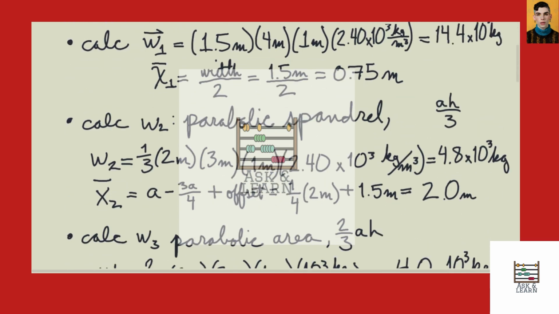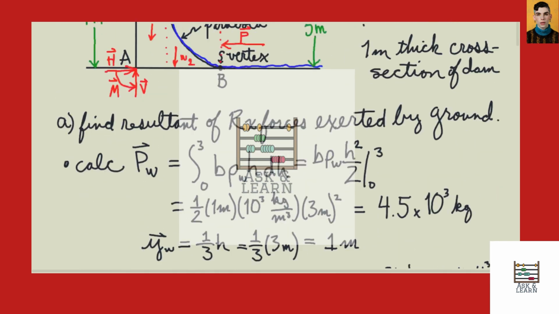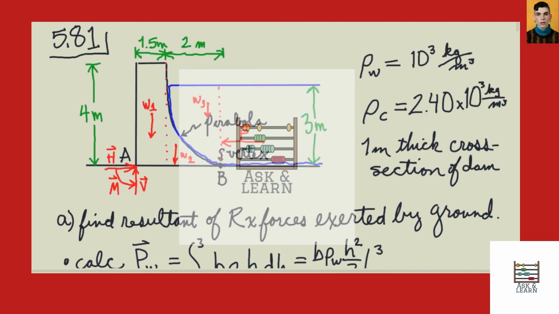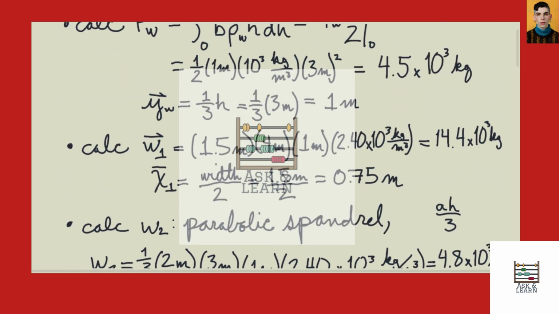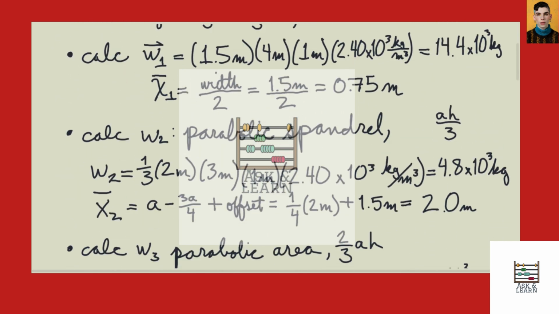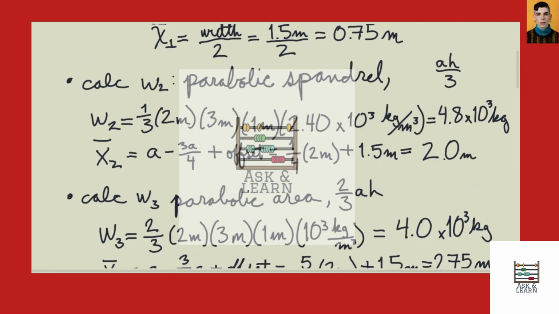So we have a 1/3 coefficient, a 3-meter height and a 2-meter span. Again, that span is from our division line here from the rectangle to point B, which is 2 meters, multiplied by the 1-meter depth and the volume density of concrete. That leaves us with 4.8 times 10 to the third kilograms for that portion of concrete.